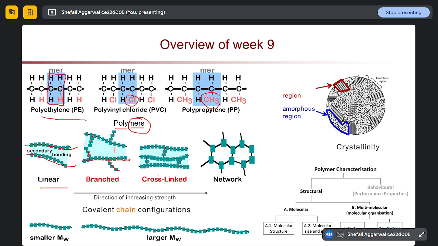The next type is cross linking. In cross linking, different chains of polymers are interlinked to each other with a strong bond, mainly covalent bond, and that is called a cross-linked polymer. And lastly, it is the network. A network is like we have benzene and all the different polymers are connected in a network kind of condition. So the more the complexity, the more will be the strength of your polymer.